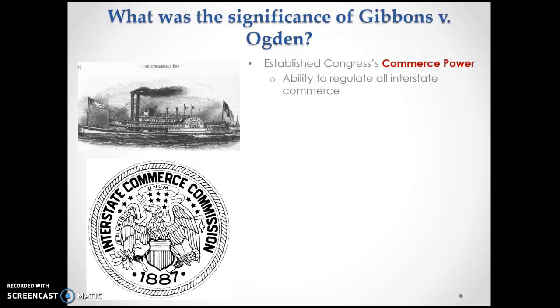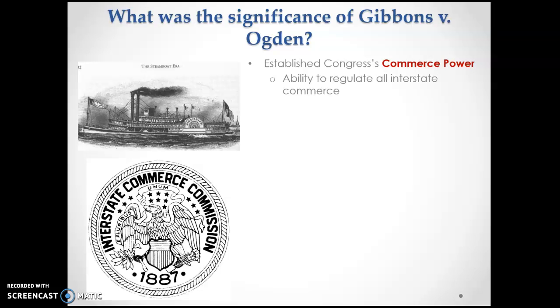So anything that runs between states and is an economic activity that spans the nation would be considered interstate. And so if Congress is the only one that can regulate that, then the federal government's power rose enormously. And actually, the commerce power has been used probably 1,000+ times in courts to argue that the US Congress and the federal government are allowed to do something, right?